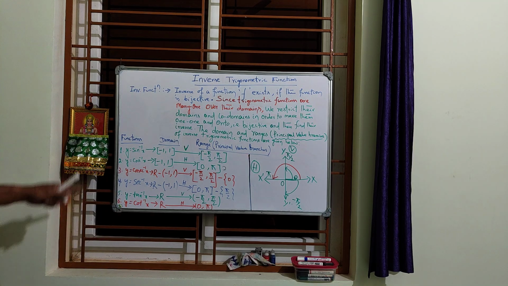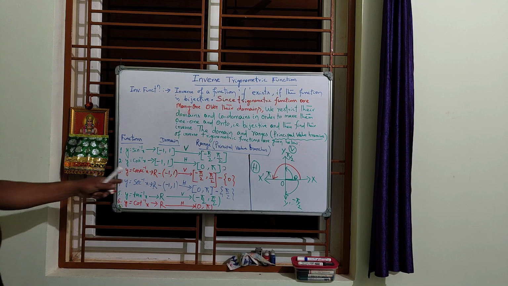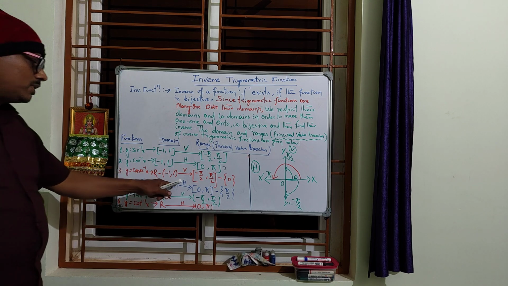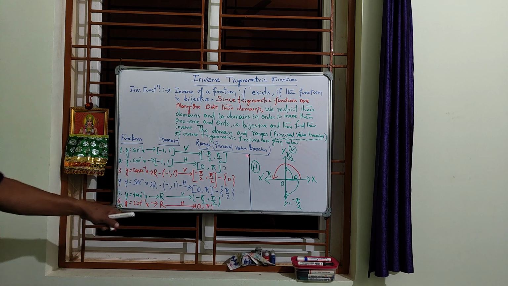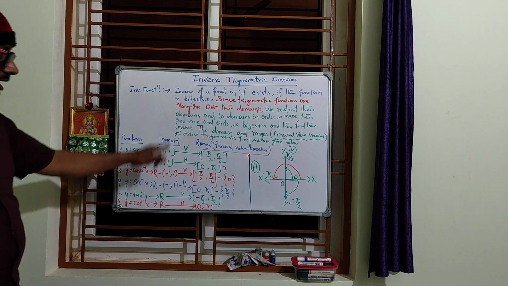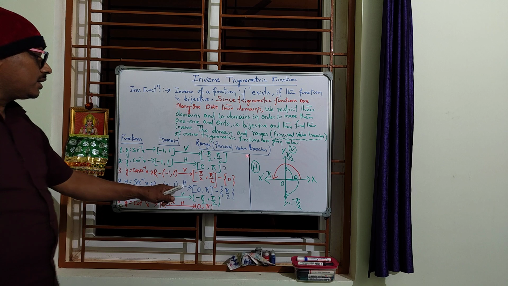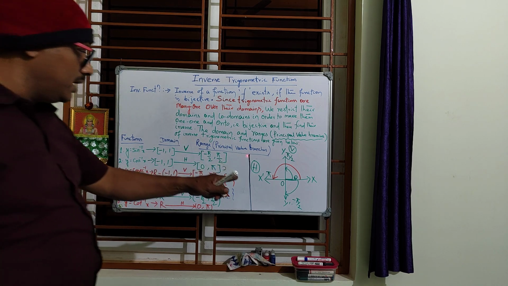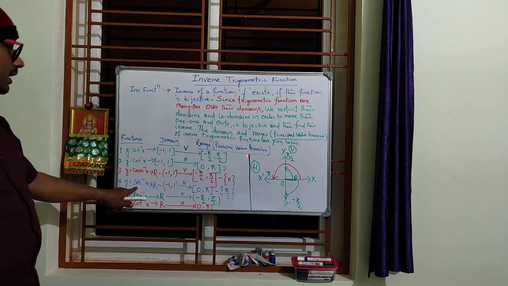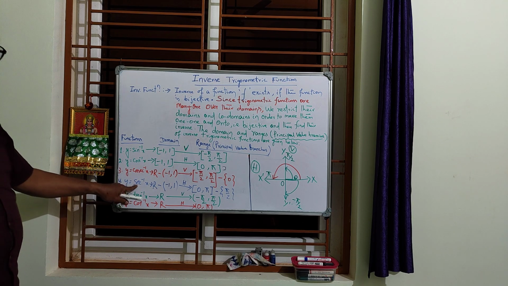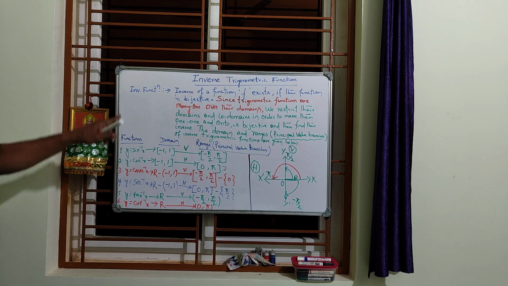Next, come to sec inverse x. The domain of sec inverse x will be R minus the open interval minus 1, 1, and the range is horizontal. Simultaneously, you can write vertical, horizontal, vertical, horizontal. Horizontal means 0 to pi. But we already know that sec x is the reciprocal of cos x.